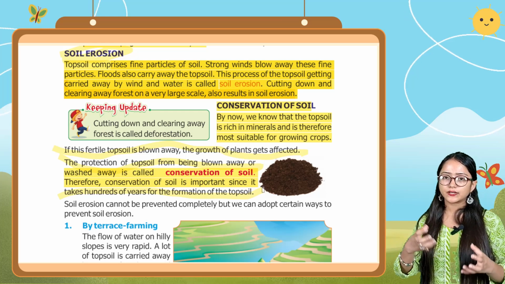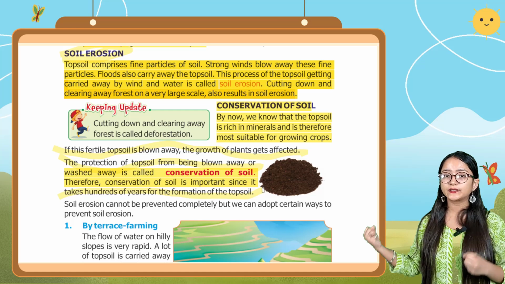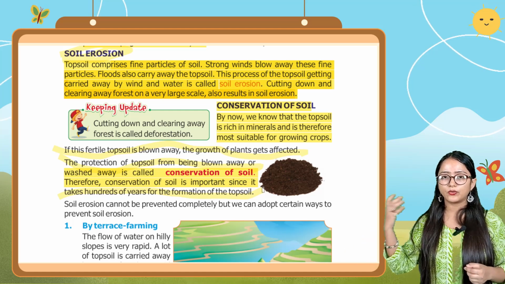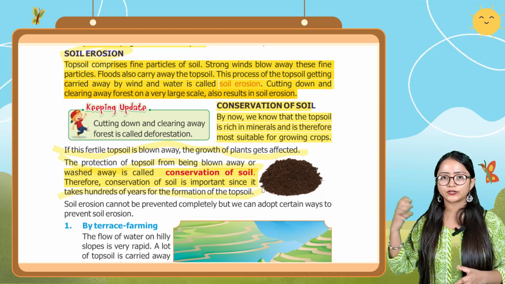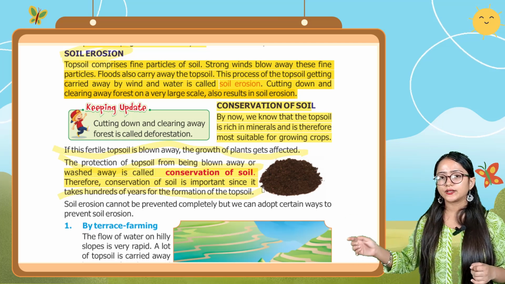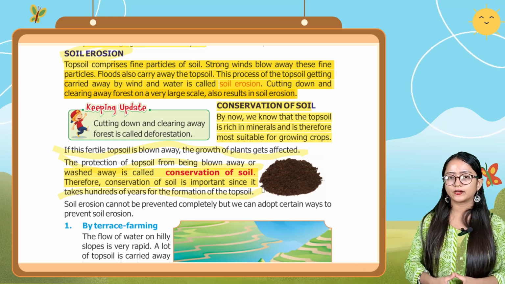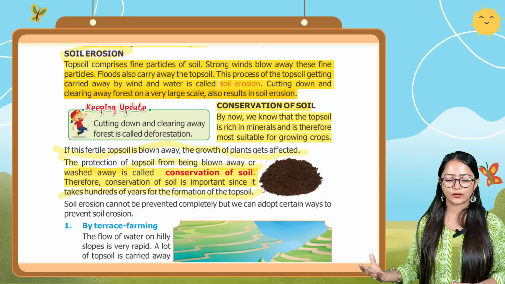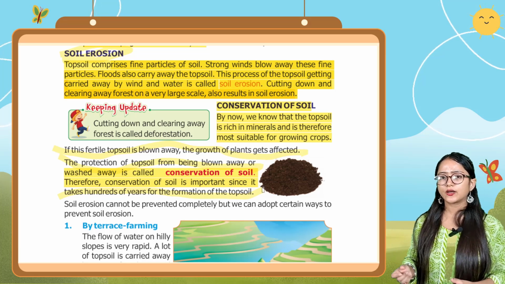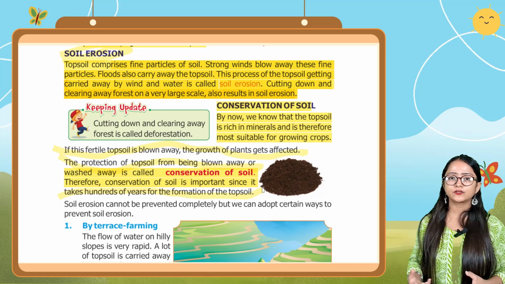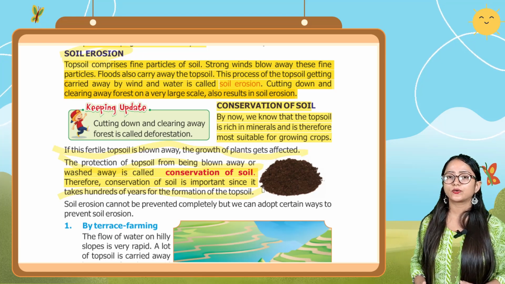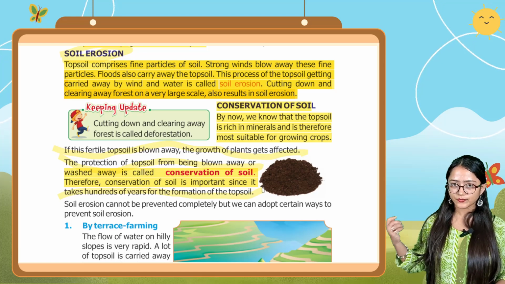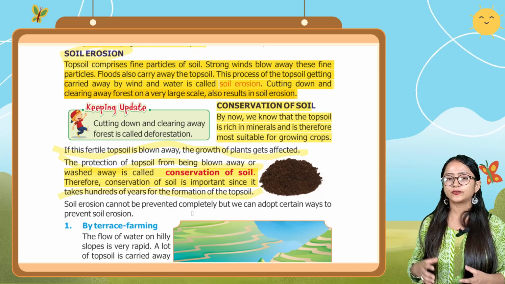And to protect the topsoil from getting blown away or washed away easily, that process is known as conservation of soil. So conservation of soil is very important to save the soil for future use, for plant growth and also for human use.